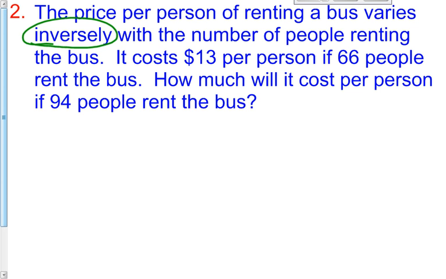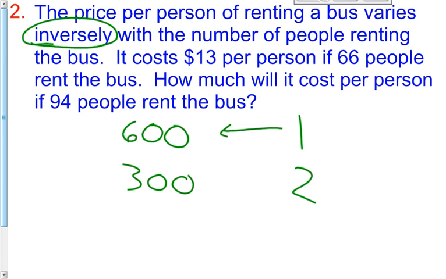It's kind of like thinking if a bus costs maybe, let's say, $600 to rent. I'm just making up numbers here. Okay? And one person is going to ride that bus. That person has to pay $600. But now, if two people ride the bus, they can split that price and pay $300 apiece. Now, if three people ride that bus, they can each pick up part of that price, and it would cost them $200 apiece.